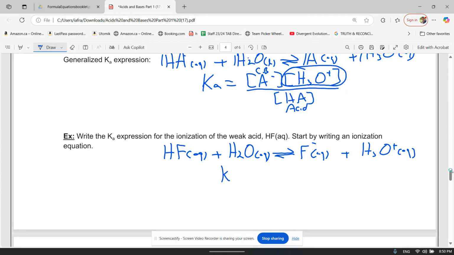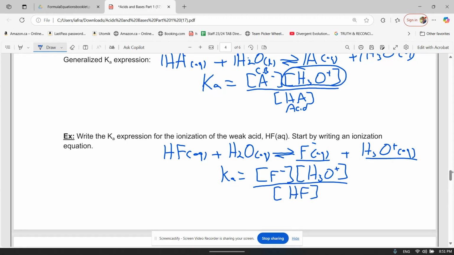Now we write Ka is equal to the concentration of the conjugate base, F minus, multiplied by H3O plus, over the acid, HF. Now notice that in both these circumstances, I did not include water.